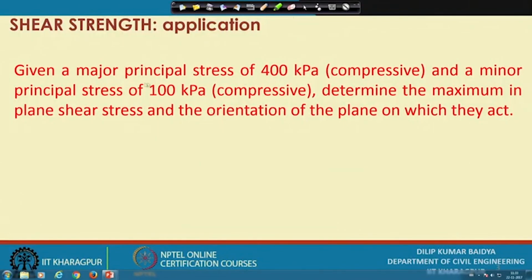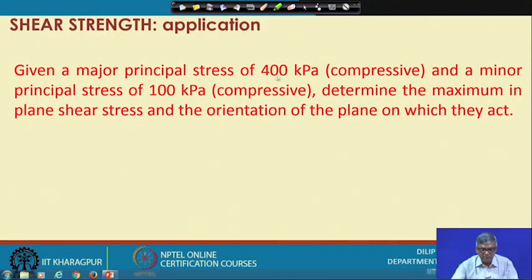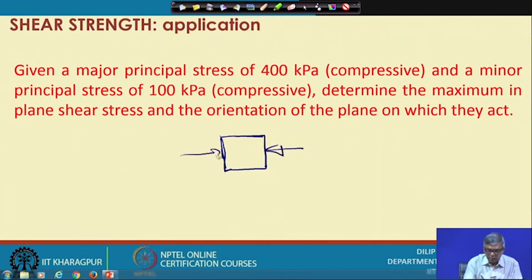Here there are two principal stresses. Since these are principal stresses, there is no shear stress. If I want to draw the element, it would be like this. 400 compressive and 100 again compressive, this is 100 and this is 400, and there is no shear on this.